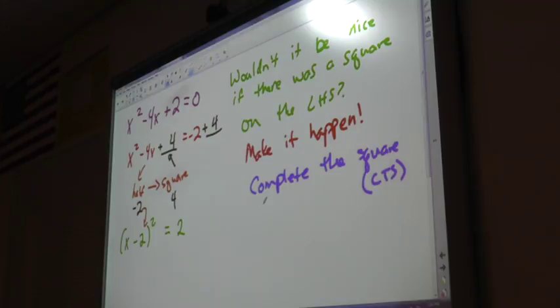I'm going to give you guys 30 seconds to solve it. I'll jump in 30 seconds. You guys solve it? So we take the square root of both sides, and then we're done.